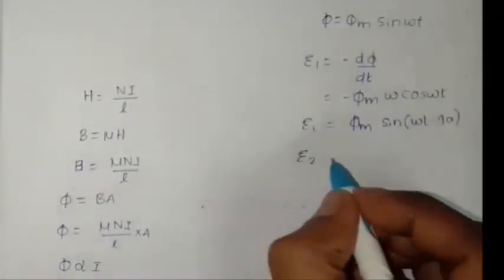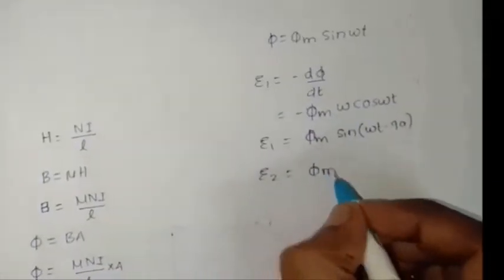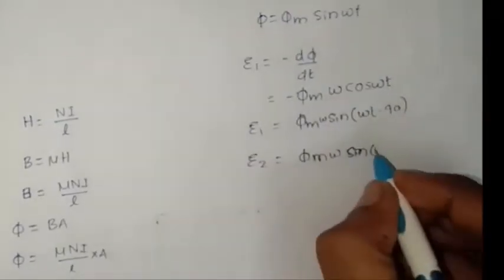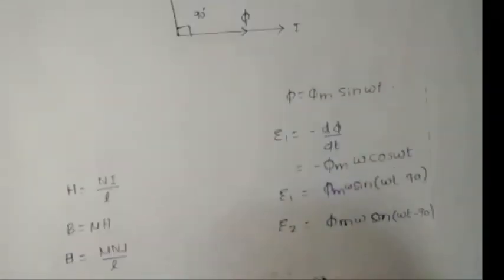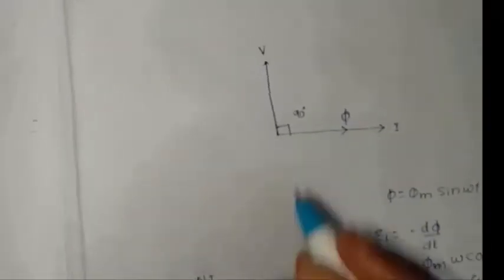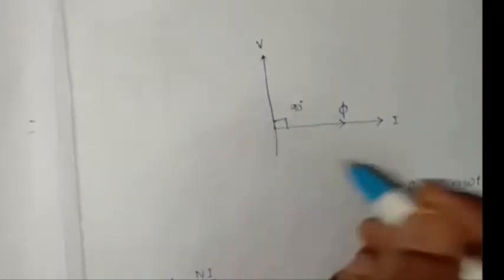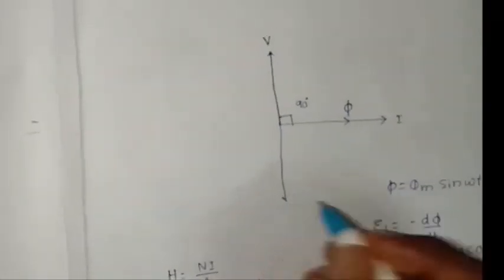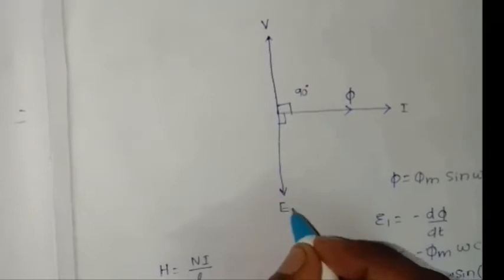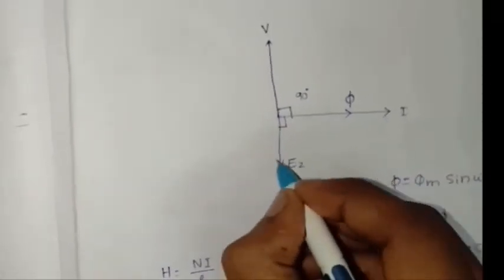Similarly, E2 can also be written as phi m omega sin of omega t minus 90. This is the self-induced EMF and this is the mutually induced EMF, which are lagged by 90 degrees with respect to flux phi. Let this be E1 and this be E2.